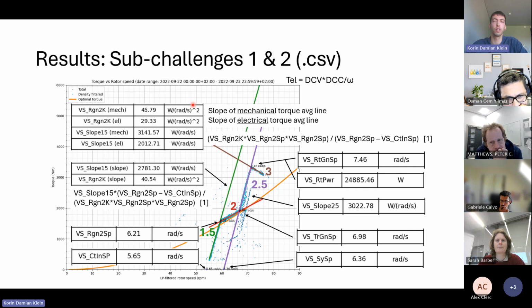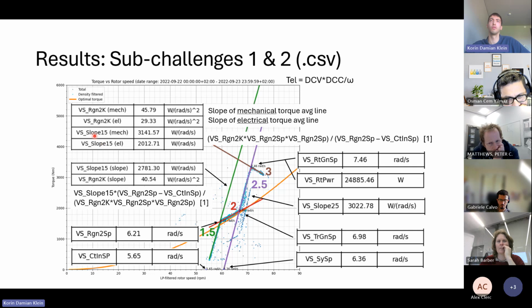But after talking to Hakan and Ola, I realized that I misunderstood information from the report that explained the controller we were currently considering. I first used the slope of the mechanical torque average line, but they told me that I should consider the electrical torque average line slope, which is represented by this value here.